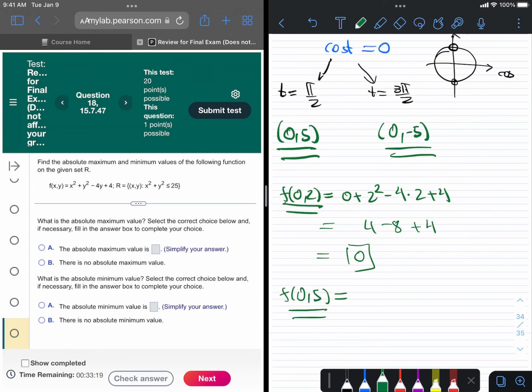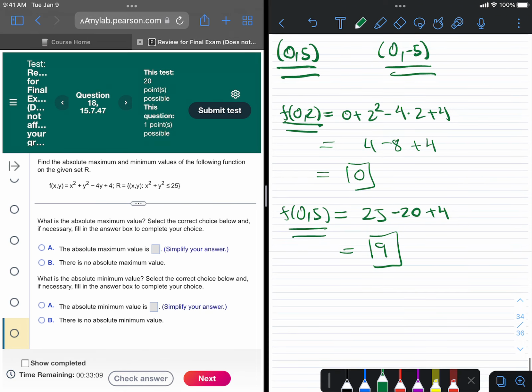That will be similarly 25 minus 20 plus 4. So that will be a 9. F of (0, -5) will be slightly different. That will be 25, and then plus 20 this time, plus 4. So that would be a 49.